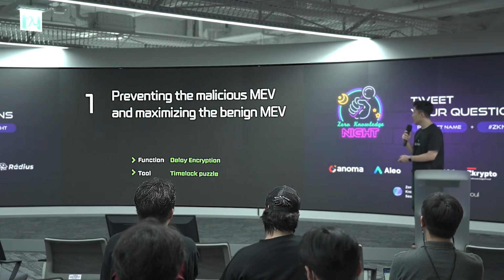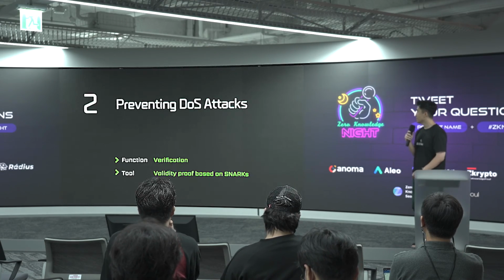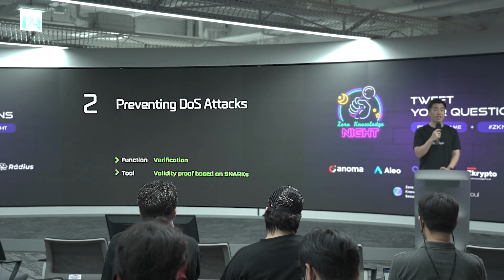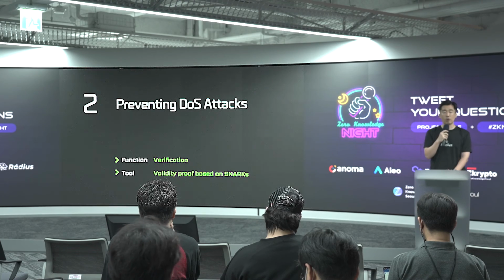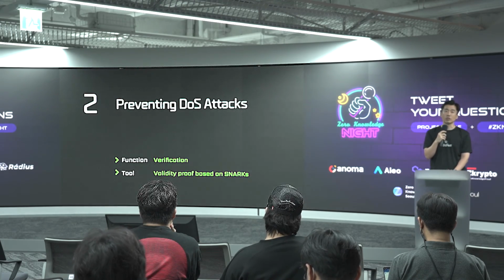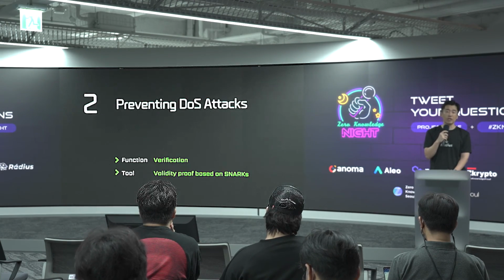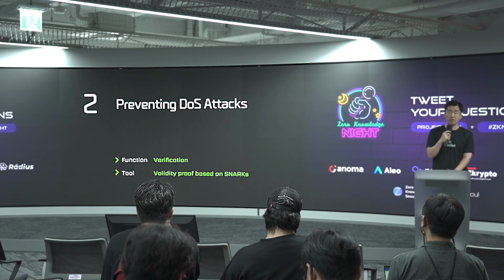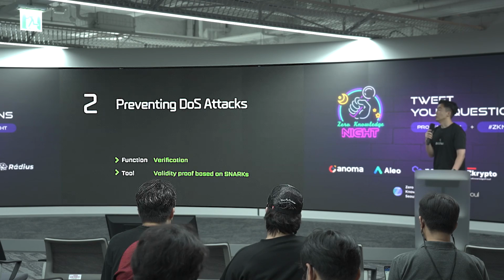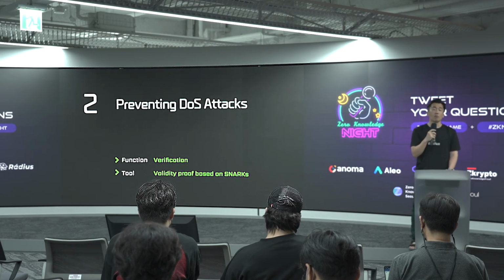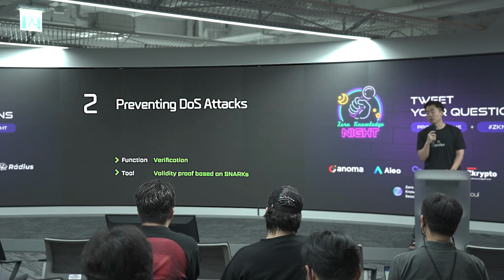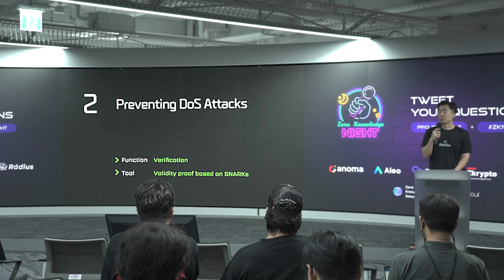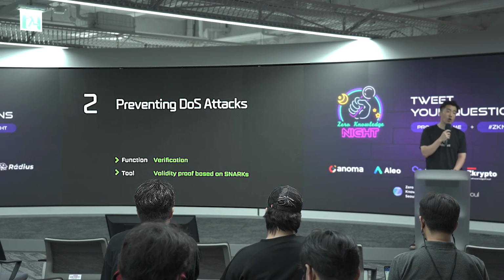So it seems fine, but the problem is that encrypting transactions leads to another problem, such as DoS attack. Malicious traders can submit invalid encrypted transactions. So miners can't distinguish whether the encrypted transactions are valid or not.